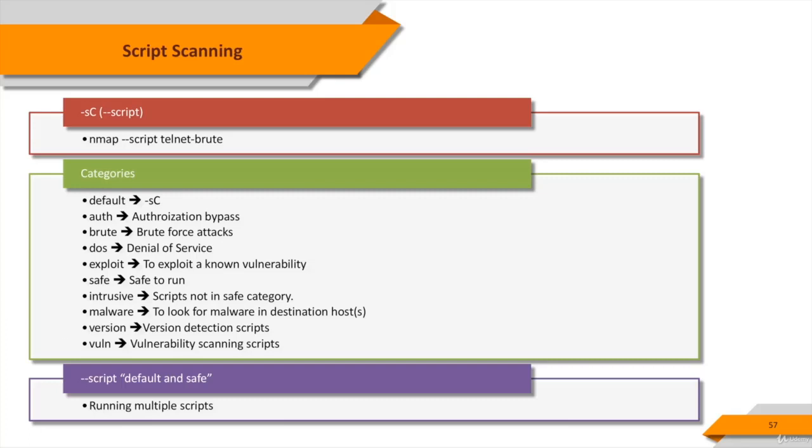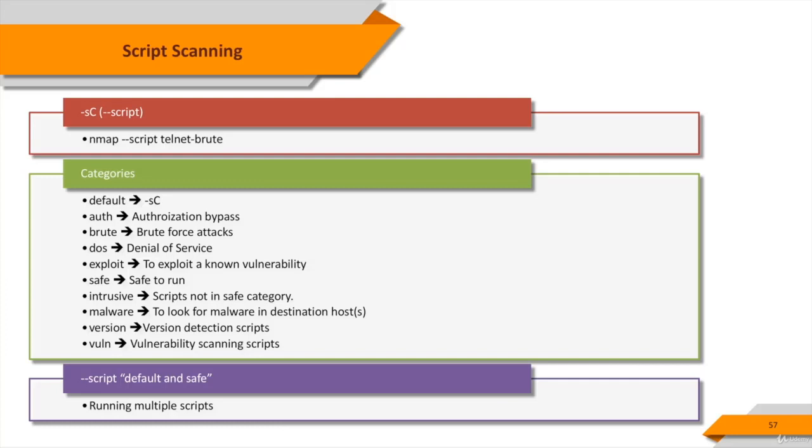Intrusive scripts are those that cannot be classified in the safe category because the risks are just too high that they're going to crash the target system, use up significant resources on the target host, such as bandwidth or CPU time, or otherwise be perceived as malicious by the target system administrators. Malware scripts test whether the target platform is infected by malware or backdoors.